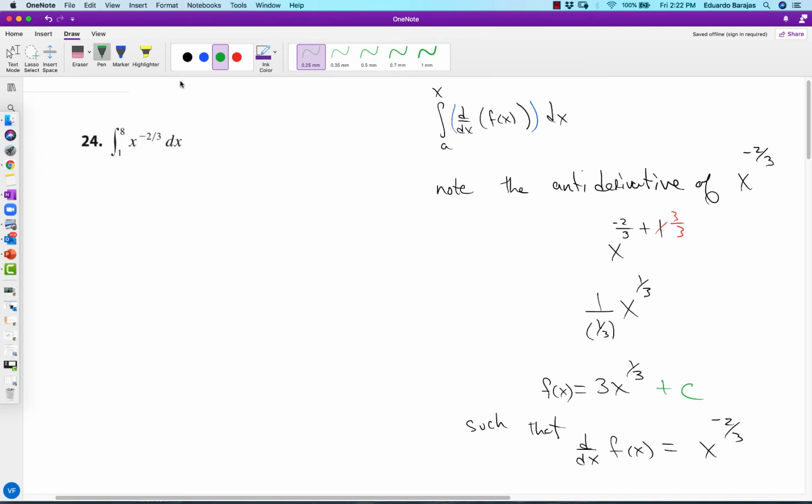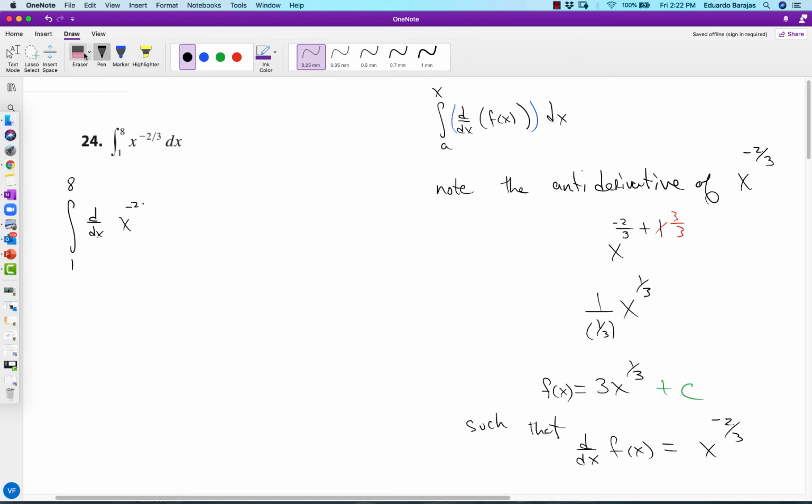Okay? All right, so let's come back up here. And now this isn't the way we would always do this. I just want to show you how it matches that. So the integral from 1 to 8 of x to the power of -2/3 becomes the derivative with respect to x of the function x to the -2/3.